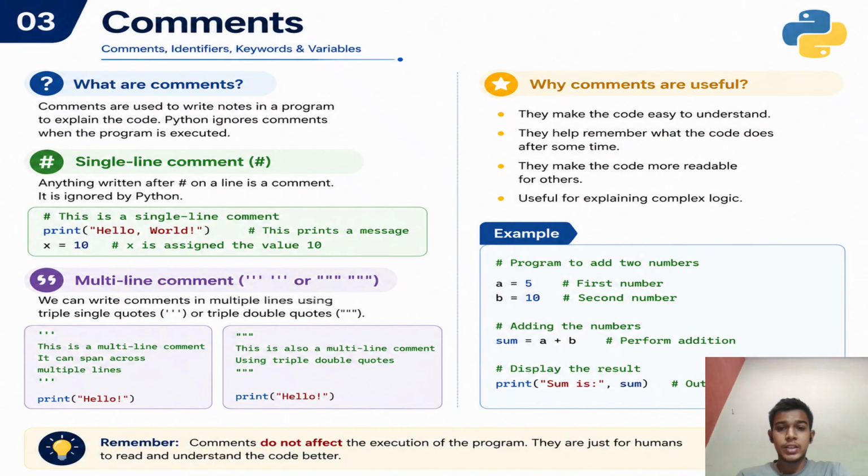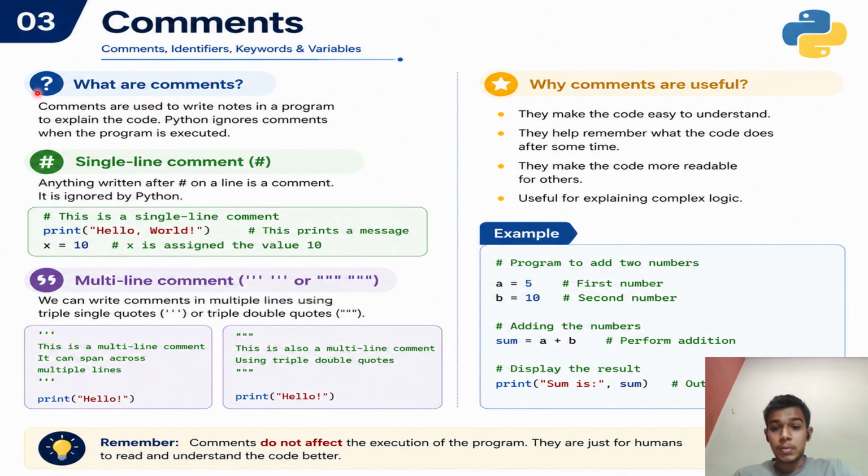Now, let's understand the first topic of today's lecture, which is comments in Python. So, what are comments? Comments are used to write notes in a program to explain the code. They help programmers understand what a particular section of code does.